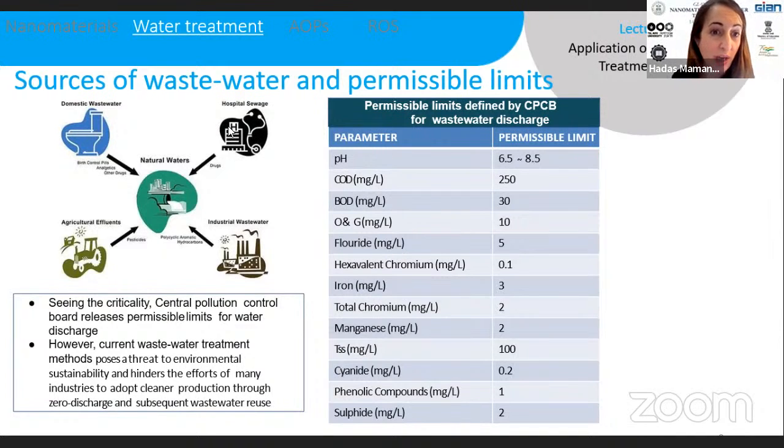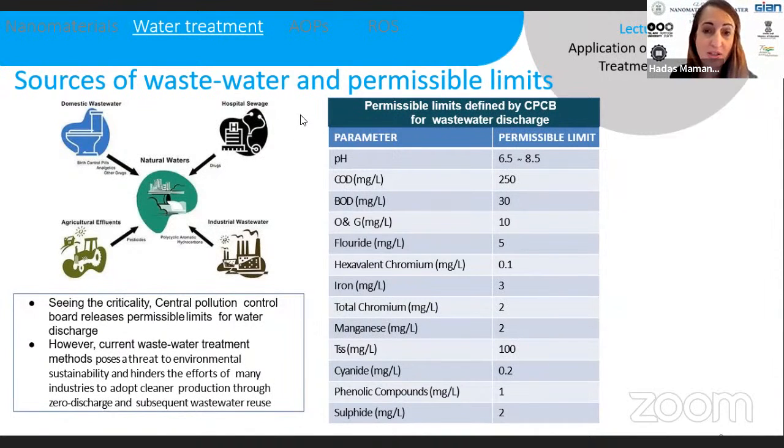So just to recap, our water sources can be contaminated with domestic wastewater, which can have, for example, different types of drugs; agriculture effluent, which would have pesticides, nitrates, and stuff like that; industrial wastewater, which has different types of aromatics, solvents, stuff like that, and heavy metals; and also we have, for example, hospital sewage, which can have drugs.